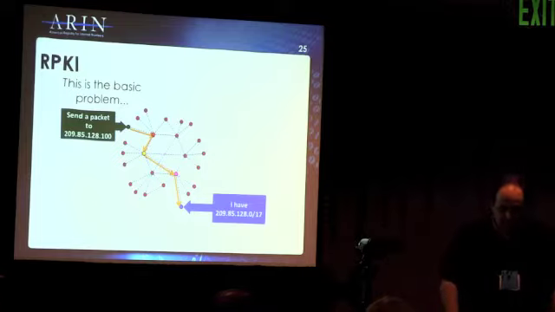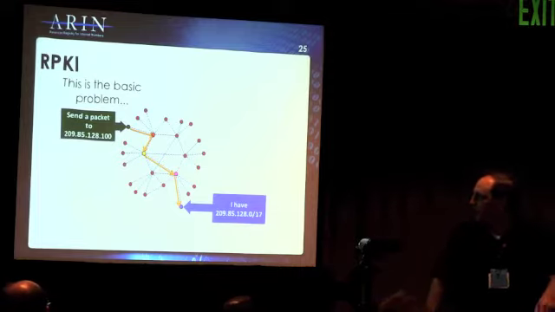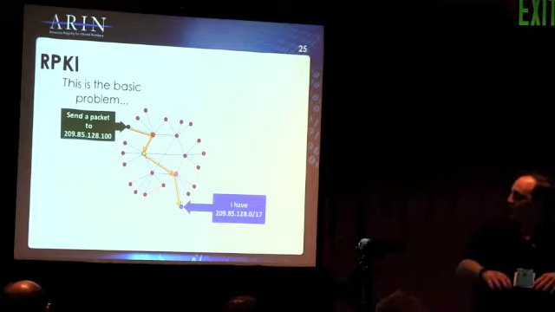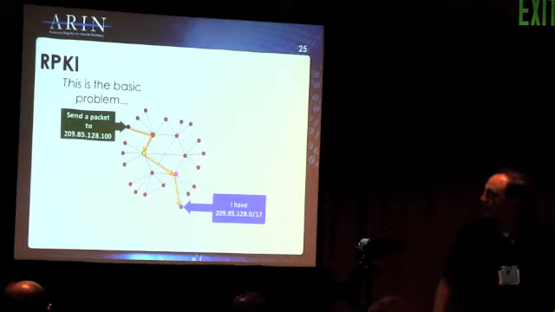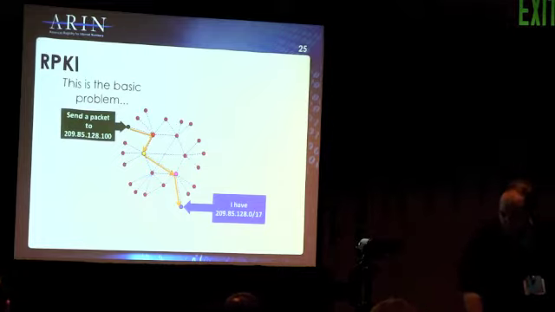As the phrase goes, and I've heard it used a lot, BGP is essentially routing by rumor. This guy down here says, hey, I have 209.85.128/17, and it tells its upstream, and then its upstreams tell other people, and it passes along all the way throughout the mesh. And then suddenly the guy on the upper left says, I need to send a packet to your .100 host. And it takes a look at its routing and gets a path from green to yellow to purple, or magenta, or whatever that color is.